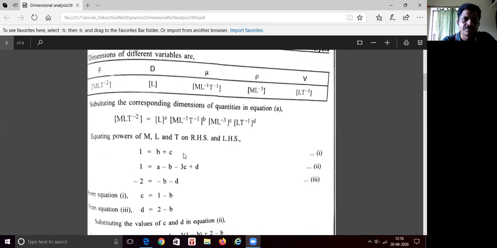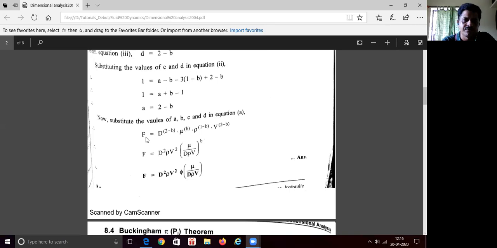Now we can write force F is equal to D raised to A, instead of A we have 2 minus B, mu raised to B as it is, rho raised to C, C is equal to 1 minus B, and V raised to 2 minus B, because D is equal to 2 minus B. On the right side you can see all variables are in terms of B power.